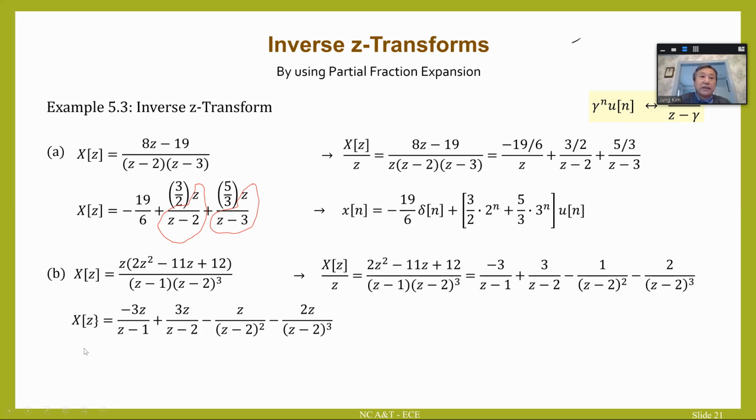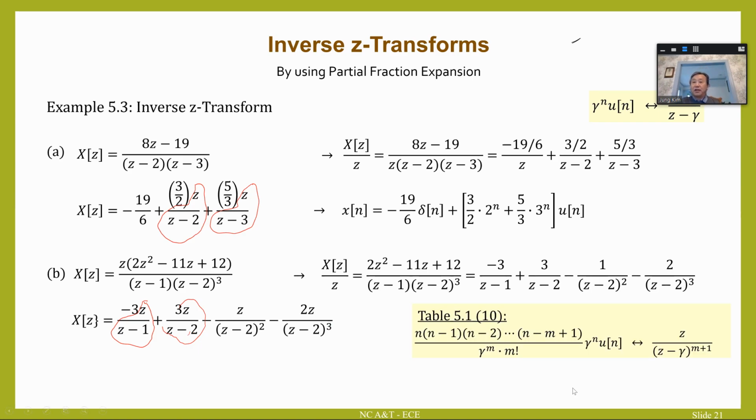Every term has a z, so we can use the formula, because in the formula we always have z in the numerator, z over z minus gamma. So this is minus 3 u[n], this one is minus of n, 3 times 2 to the n u[n], using this formula, and n 2 to the n u[n]. Now cube.